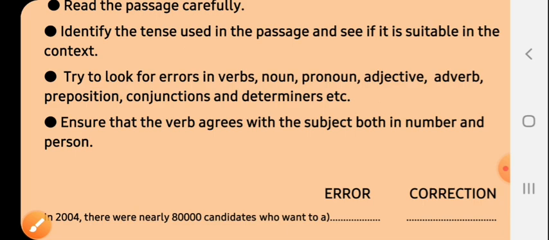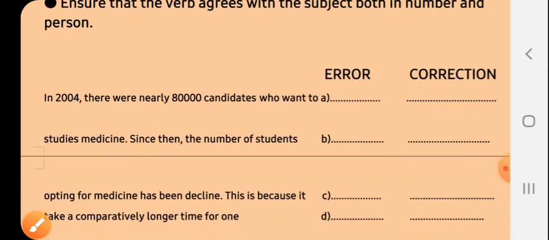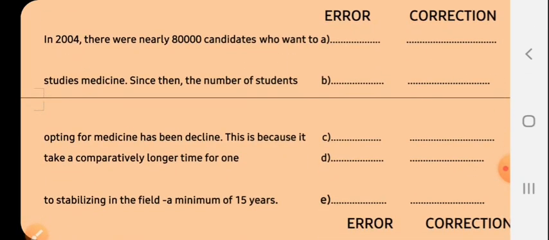Let's try to understand it with examples. I have taken an example. In 2004, there were nearly 80,000 candidates who want to study medicine. Since then, the number of students opting for medicine has been declined.